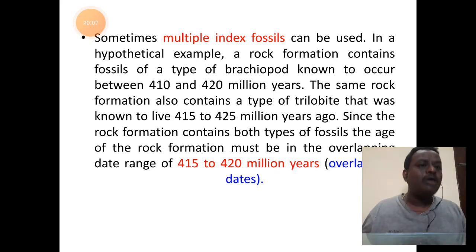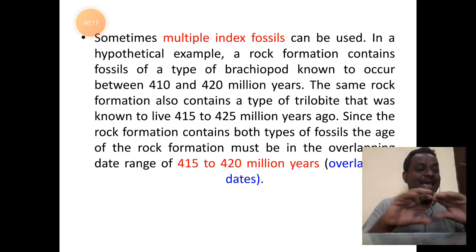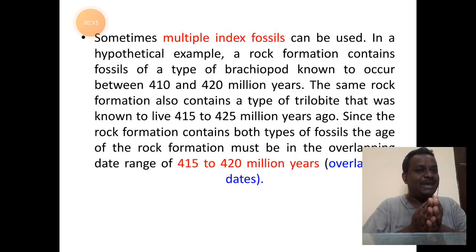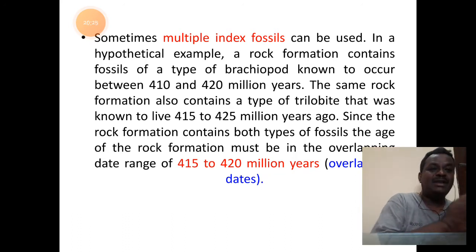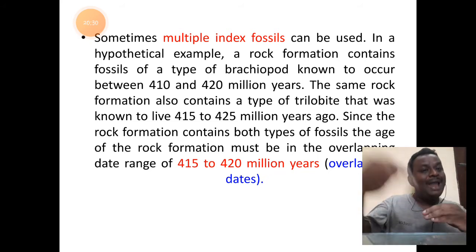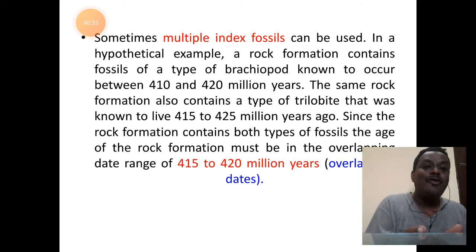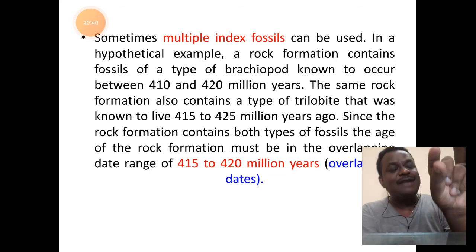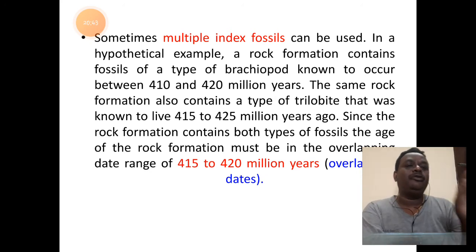Since the same rock layers contain two different fossils with different age ranges, what is the actual age of that rock? When we look at it, it is the overlapping period between 410 to 420 and 415 to 425. The overlapping period is 415 to 420. It is common.